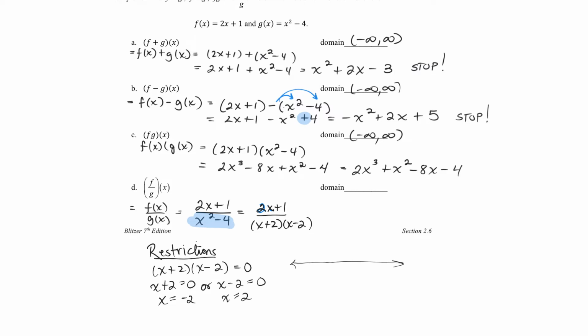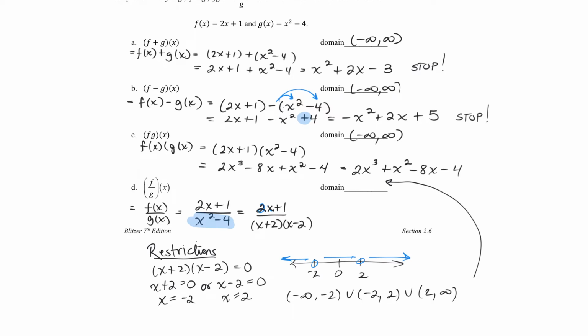So looking at my number line, negative 2, 0, 2, I'm going to have open circles on negative 2 and 2. Those are the two restricted values. So my domain is going to be from negative infinity to negative 2, union, negative 2 to 2, union 2 to positive infinity. I mean, just draw an arrow and put that right there, right?